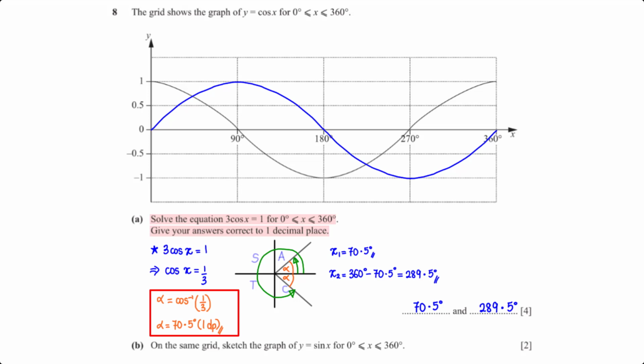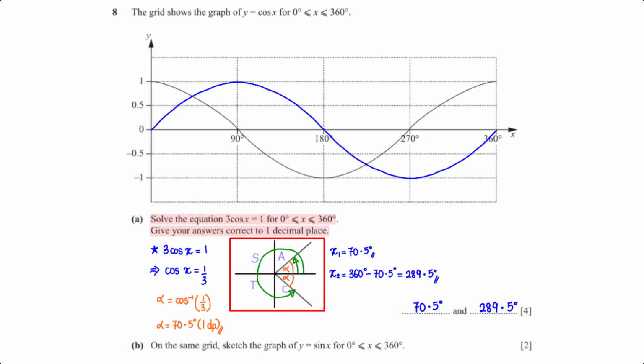When we type this into the calculator, we get the value of alpha as 70.5 degrees, rounded to 1 decimal place. Now we need to draw the quadrants. Since the value of cos x, which is 1 over 3, is positive, we are only going to use the quadrants where cos is positive, and these are quadrants A and C. The angle alpha is measured from the horizontal axis in these quadrants.